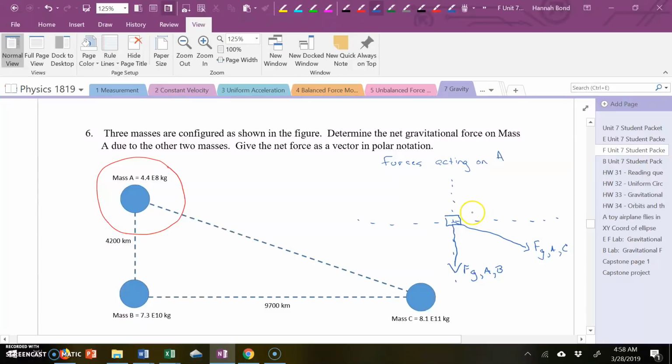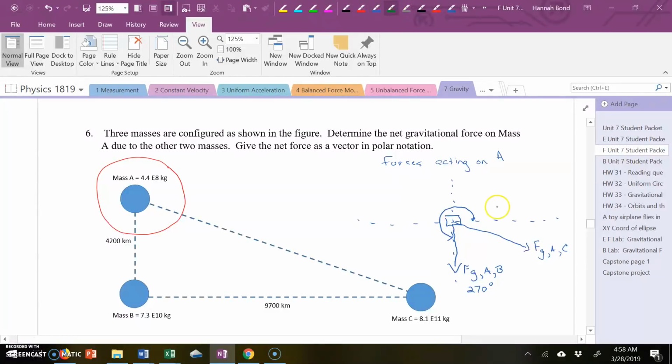So remember that standard position, we start on the positive x-axis and we rotate counterclockwise until we hit the vector. So for the force of gravity on mass A by mass B, that angle is 270 degrees, right? It's 3/4 of the circle.